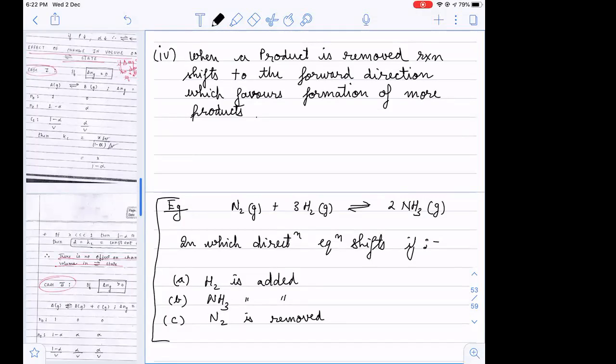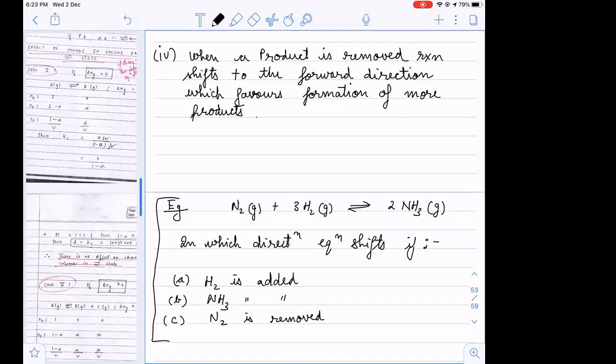Any answer? Sir, it will move in the forward direction. Okay, let's take options from all of you. Come on. Nikhil, Charan, Daksh, give your answers. The forward direction. Okay. Nikhil and Charan, come on. The question is very easy. Can you hear me?